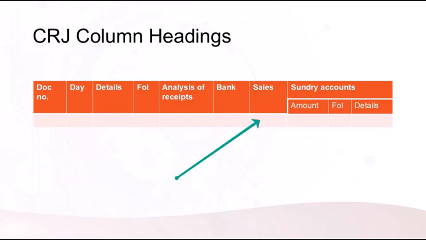We have a sales column or fees earned column, and finally we use sundry accounts for transactions that do not take place frequently. For example, interest received on our bank account. These headings keep our work neat and help us quickly see where money came from.